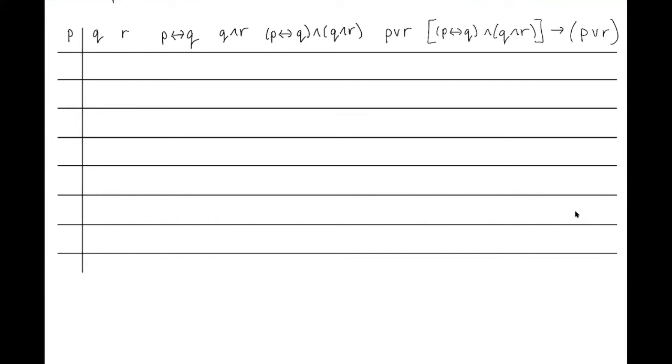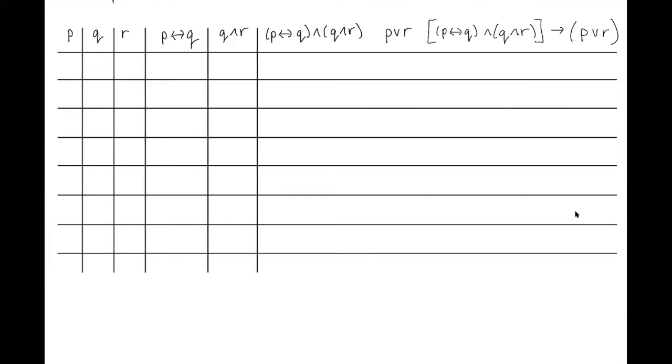Let me go ahead and make all of these columns as well. So I will be super careful with this one. We definitely do not want to make a mistake midway through and then everything be off.